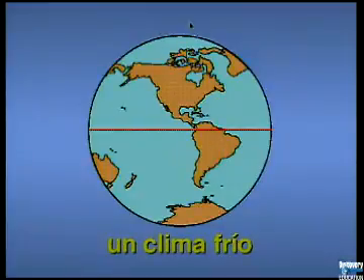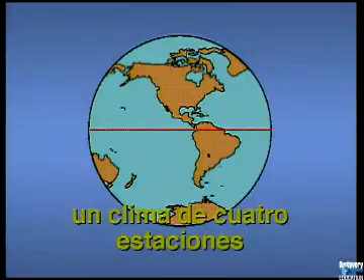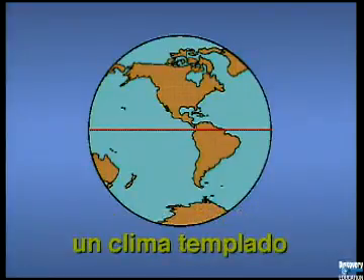We also said that up at the poles, at the North and South Pole, es un clima frío, that means it's a cold climate. Hay lugares in between these two that have un clima de 4 estaciones, 4 seasons, y también hay places that have un clima templado. It's not hot, but it doesn't have the 4 seasons.